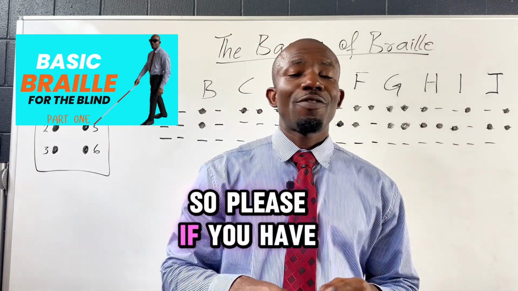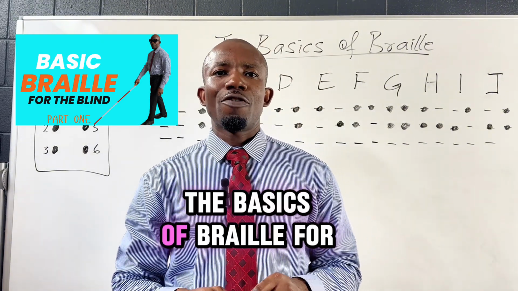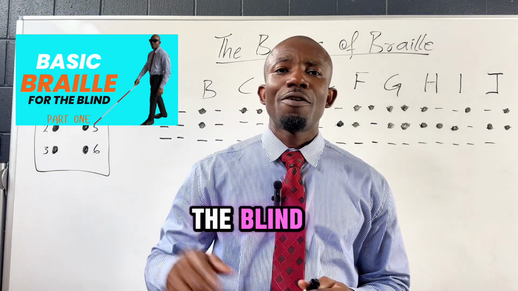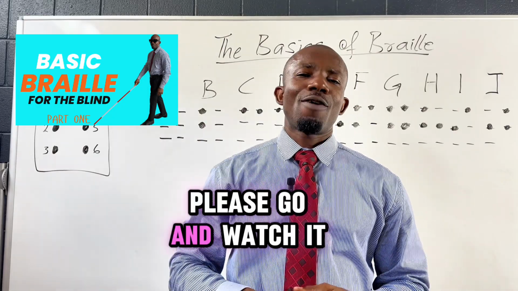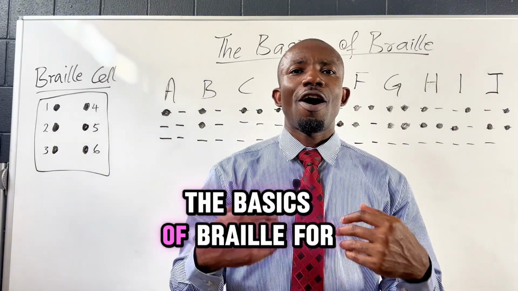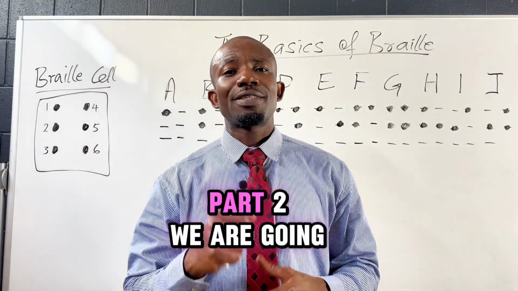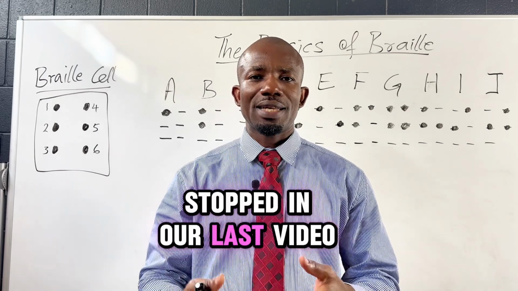So please, if you have not watched our last video, the basics of Braille for the blind, part 1, please go and watch it. Because in this video, the basics of Braille for the blind, part 2, we are going to continue from where we stopped in our last video.